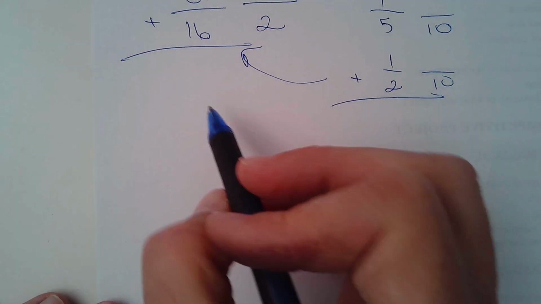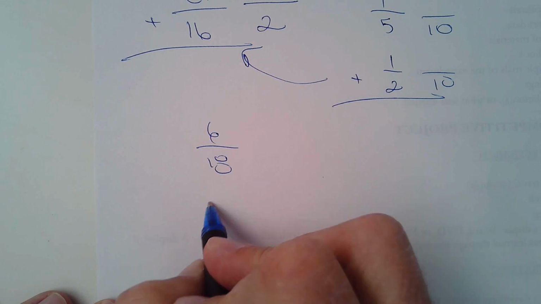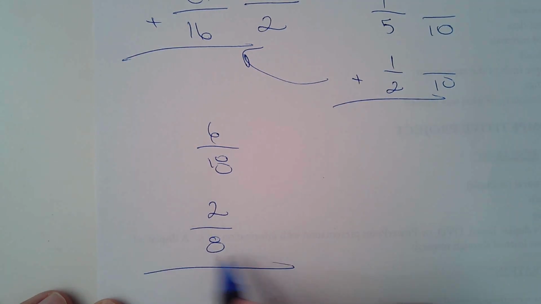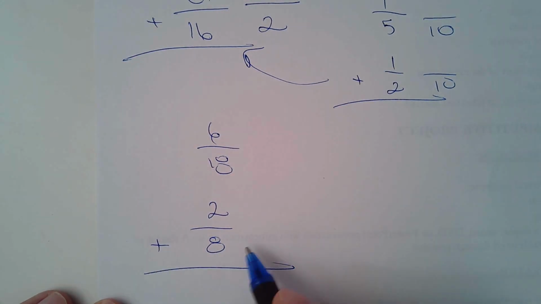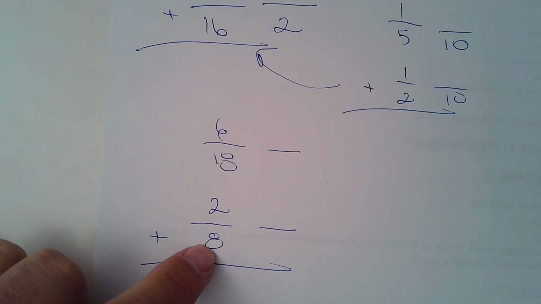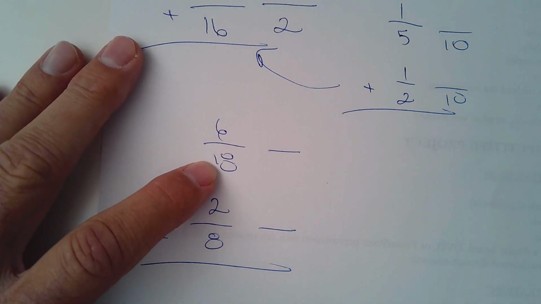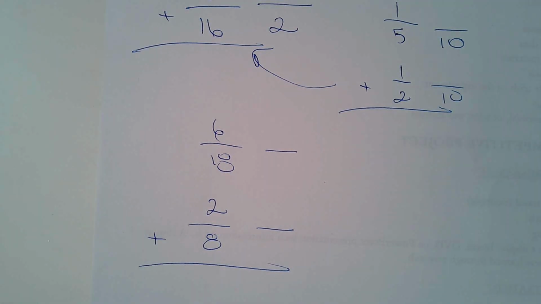Here's another one that somebody had a hard time with. It was 6/18 and then 2/8. And you're thinking, holy cow, I've got to come up with a common denominator. When am I going to figure out how many times 8 will go into a number that's multiplied by 18? I mean, that would just take forever. We'll reduce them first.